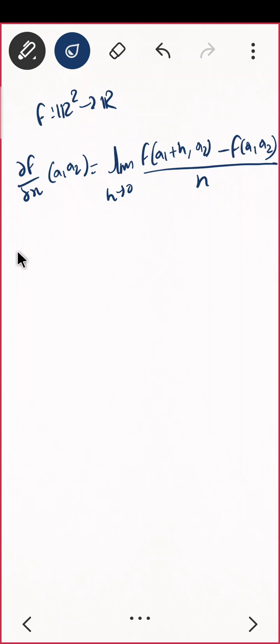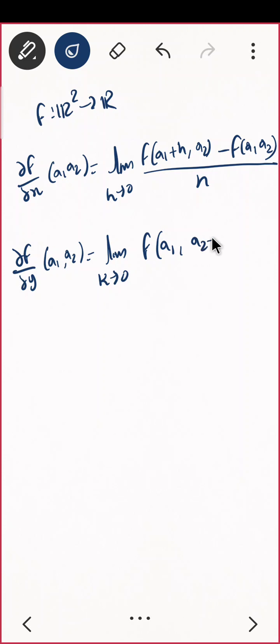Correct? And dou f by dou y at e1 e2, what will this be? For y, I'll write k: limit k tending to 0, f of e1 as it is, e2 plus k, minus f of e1 e2, and that is divided by k here. Correct? Is that clear?